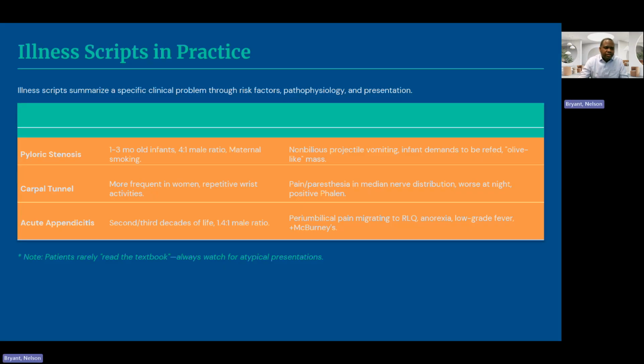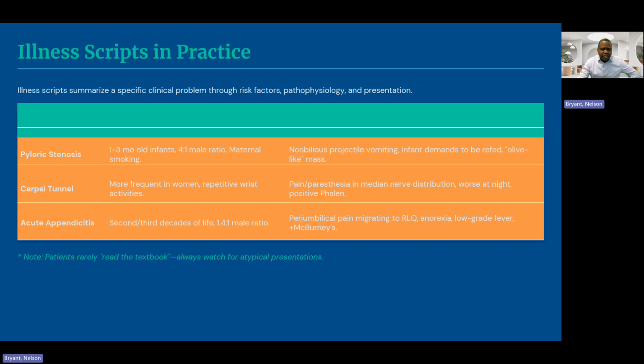One of the most important components involved in diagnostic reasoning is illness scripts. Those are mental summaries which are specific for some clinical problems that patients may present with.